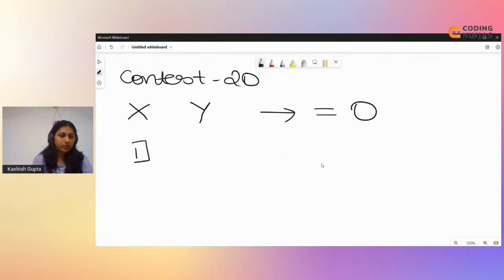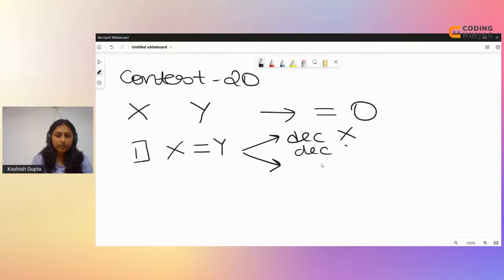So the first thing was x can be equal to y, and in this case there are two things you can do. Decrement x, decrement y, and make them 0.